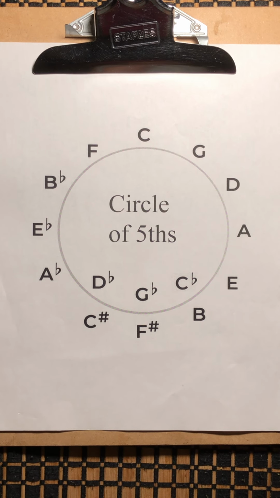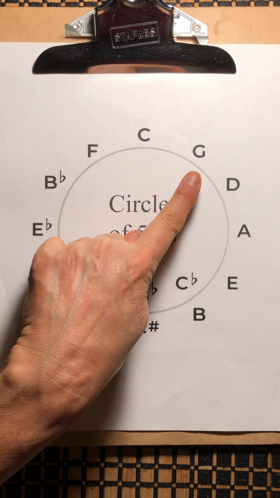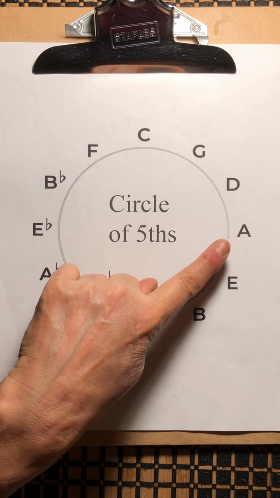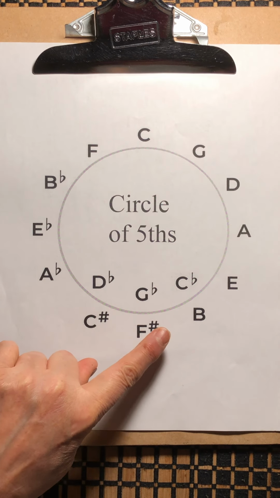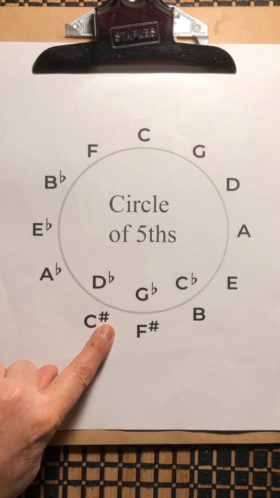Moving on, using the circle of fifths to find the key signatures and accidentals. The circle of fifths offers a handy way to remember the key signatures and how many accidentals are found in each key signature. As you go down on the right side of the clock, you will find key signatures with sharps in the key signature.